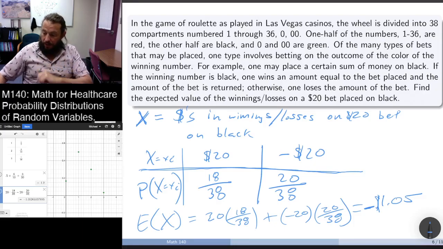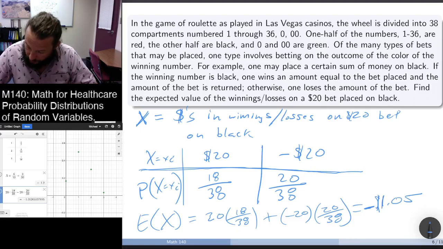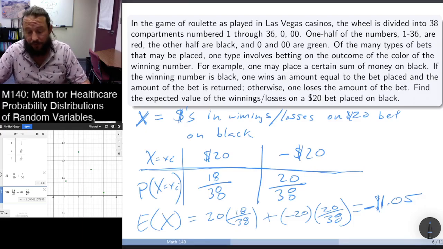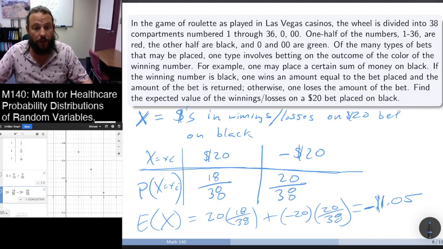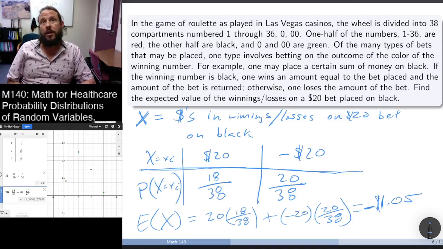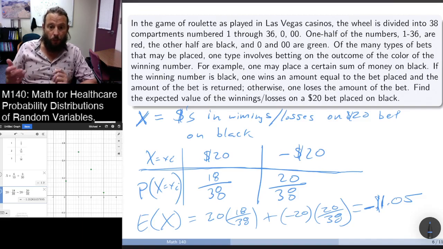And here, something to note is that for casinos, the expected value has to be negative for the player, right? It's positive for the casino, negative for the player. They run on these sorts of things. They know it's going to come up. And remember what we said earlier with probabilities: the casino is different than you, the better. Why?